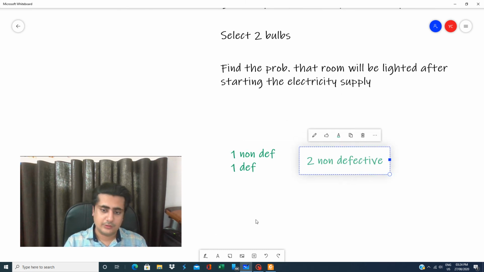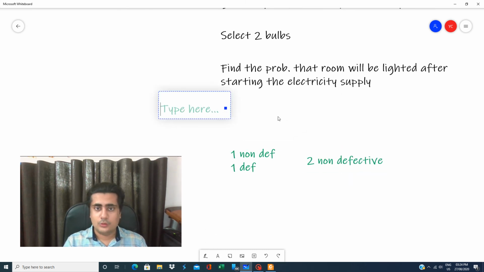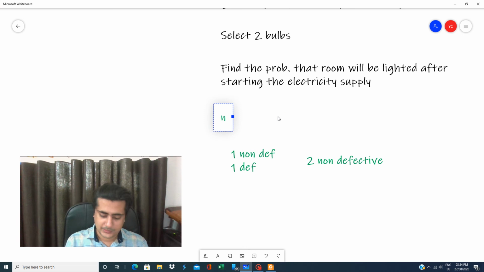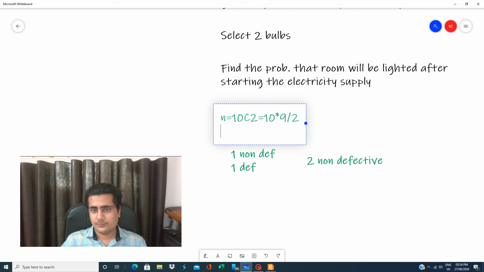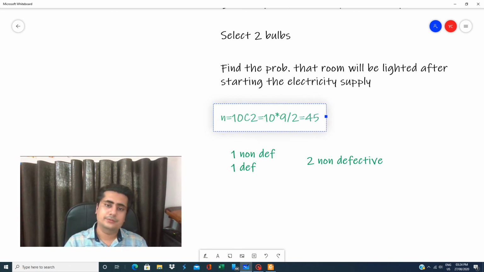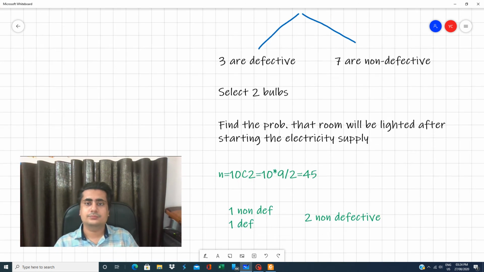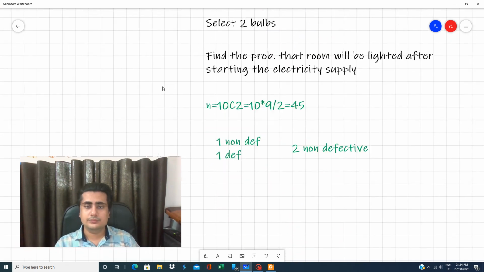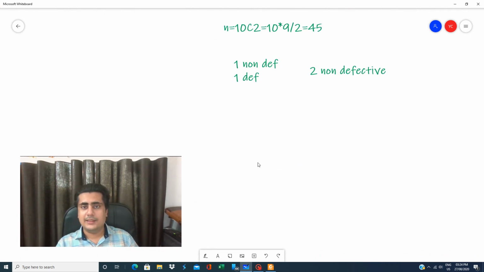I have not found the total possibility yet. Total there are 10 bulbs and you need to select 2 bulbs from the 10 bulbs. So total possibility is 10C2. It's 10 into 9 upon 2, that is 45. Now they are saying that one should be defective, one should be non-defective.